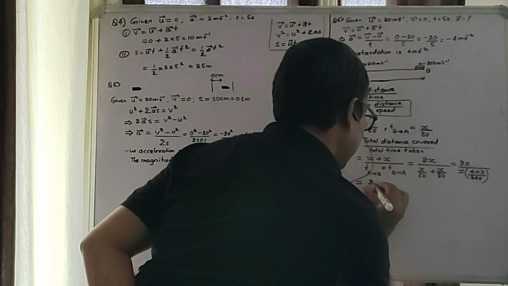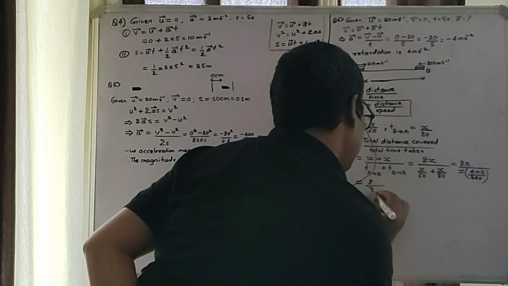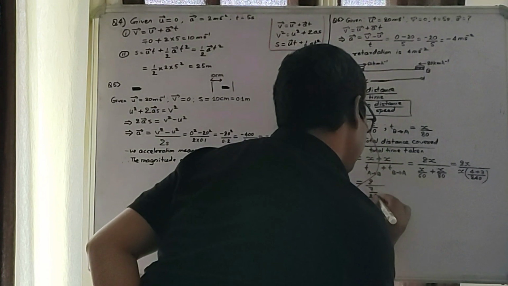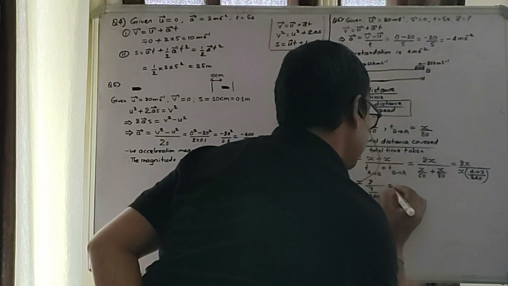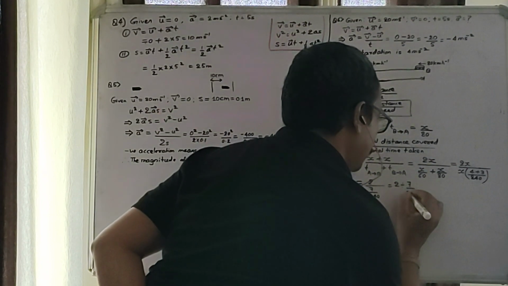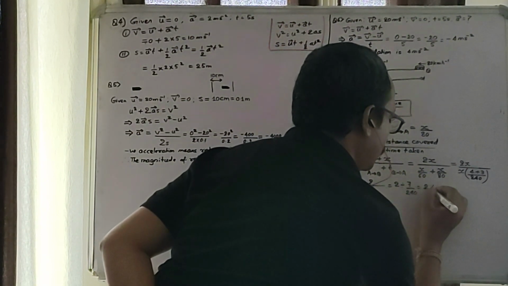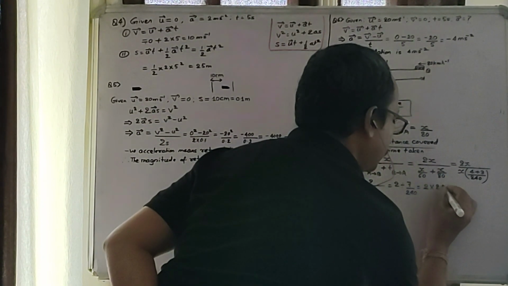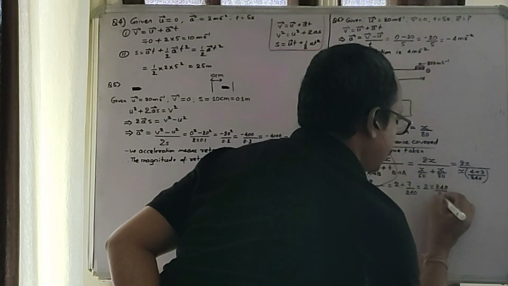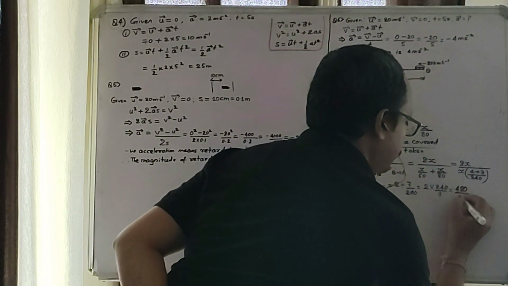So we can say 2 divided by 4 plus 3, that is 7 by 240. So this means 2 divided by 7 by 240, which means 2 into 240 by 7, it is 480 by 7.